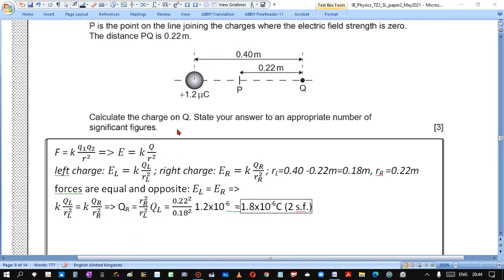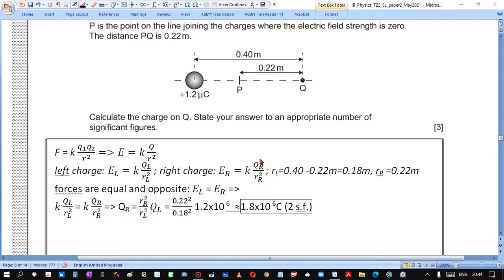The force is given by this expression. Field strength is given by this expression. So the left charge creates field strength given by this expression.